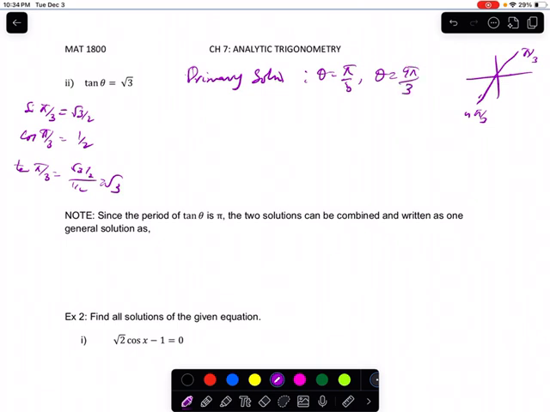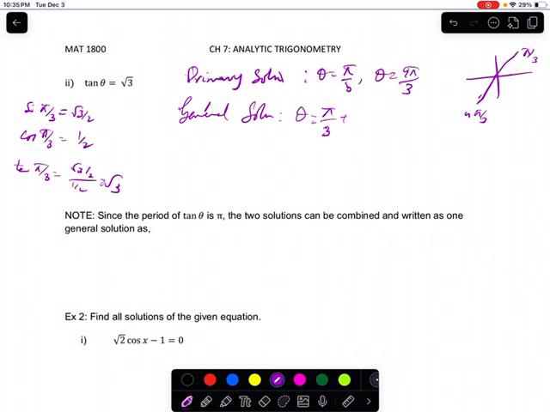But actually, in this case, you will notice I don't need to have both of these. Why? Instead of now saying our general solution theta is equal to pi over 3 plus 2k pi, remember, the period of tangent is pi, not 2 pi. So it repeats after every pi units.